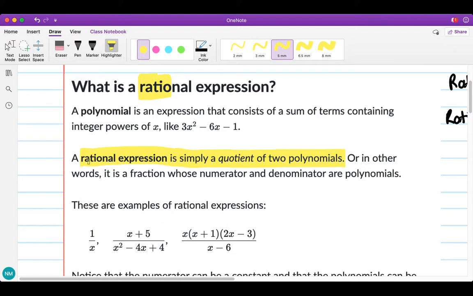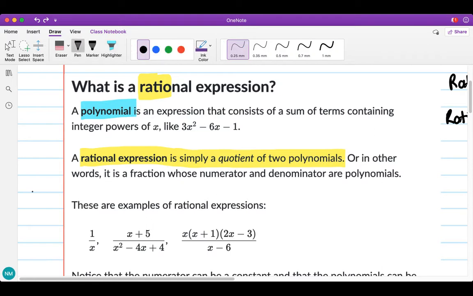What that means, excuse me, is that we defined a polynomial a while back. A polynomial is an expression that consists of a sum of terms containing integers and powers, right? And we went through nth degree polynomials.